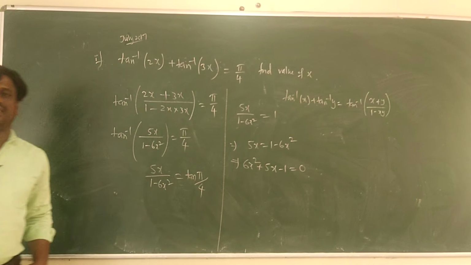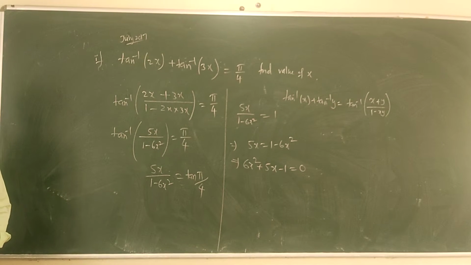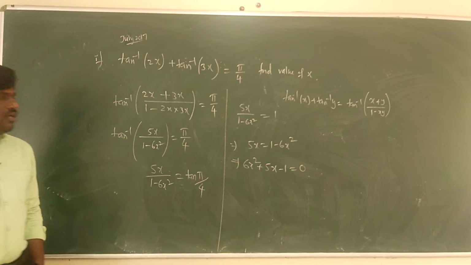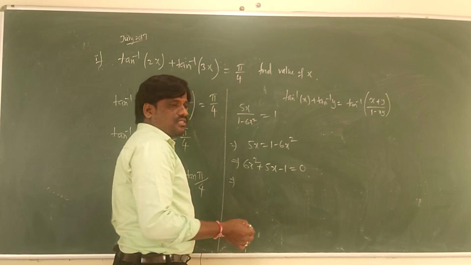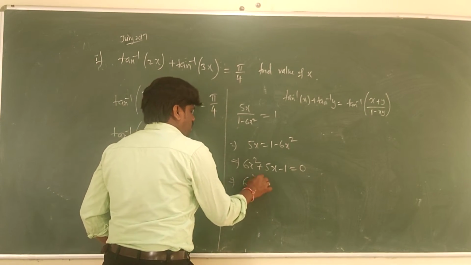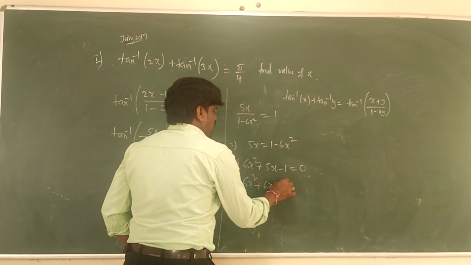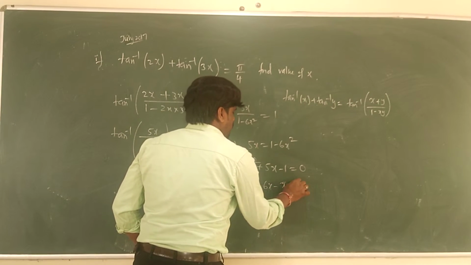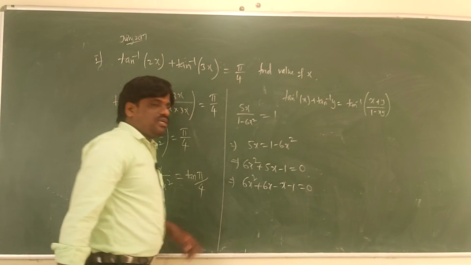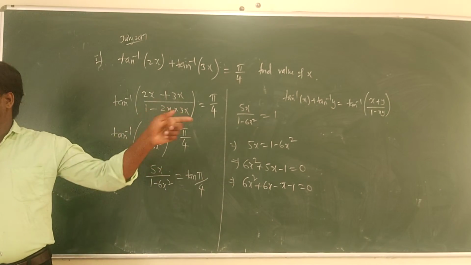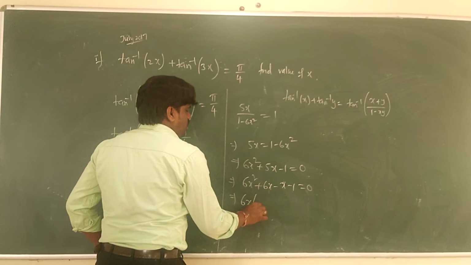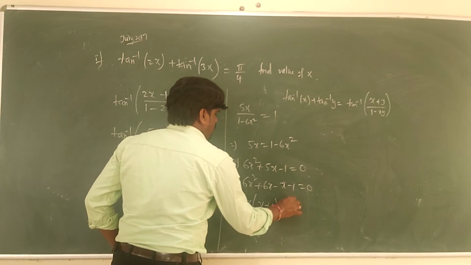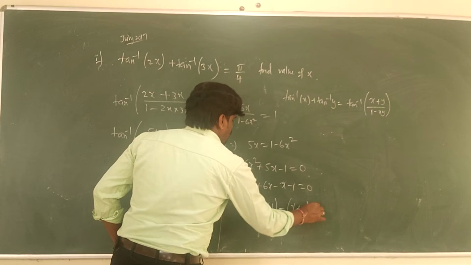Now this is a quadratic equation, and we can find the x value. 1 6 is 6, so 6x square plus 6x minus x minus 1 equal to 0. Why did I use the 6 here? 6 minus 1 is 5. So I can write 6x common, x plus 1, and minus 1 common, x plus 1 is equal to 0.